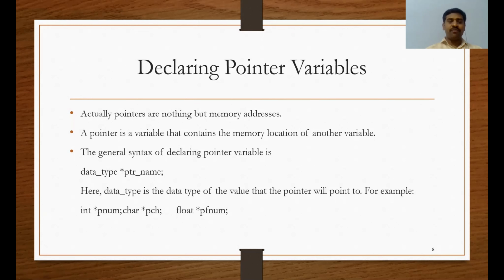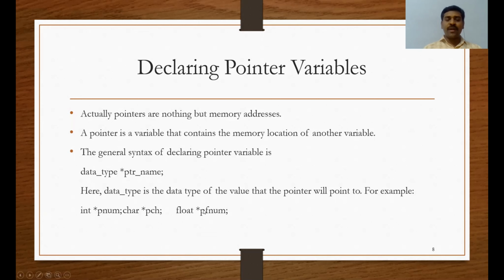So how to declare different variables? First, int *pnum. What is the meaning of this? pnum is a pointer variable which is pointing to integer type of data. Coming to the second one, char *pch. pch is a pointer variable that is pointing to character type of data. And coming to the next one, float *pfnum.